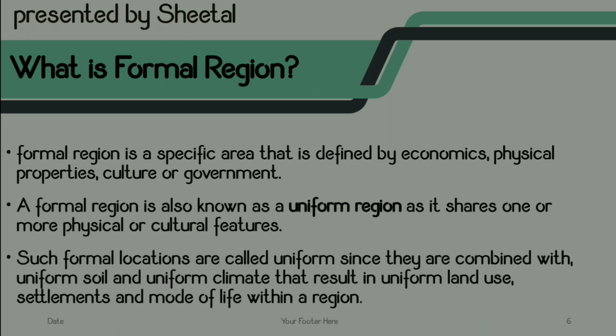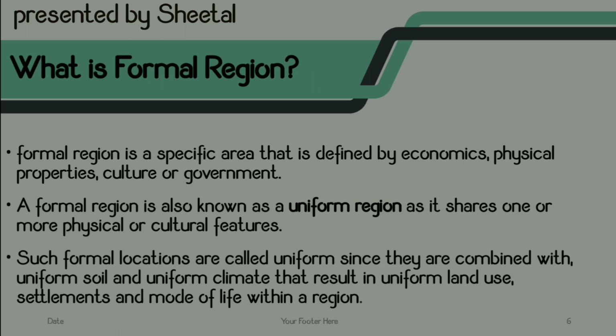Such formal regions are called uniform since they are combined with uniform soil and uniform climate that result in uniform land use, settlement and mode of life within a region. So if in an area you have uniform, what does that mean? Same.